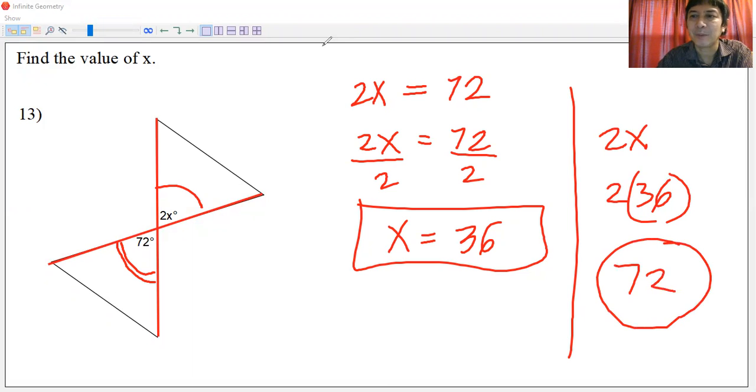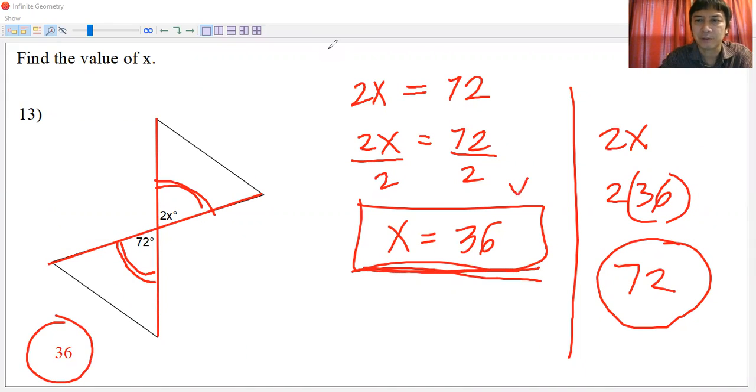So the measure of the other is also 72. That's why it's not required in the problem, because the other angle is given. And by definition, vertical angles are equal in measurement. We're after the x here, and we can verify that in the figure right there. That means our x is correct.